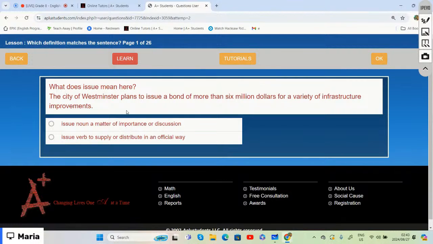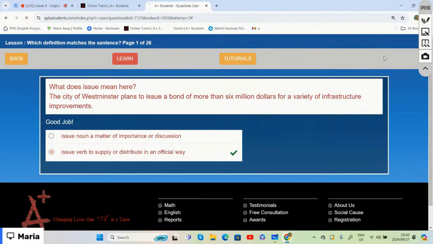Does issue mean, as a noun, a matter of importance or discussion, or to supply or distribute in an official way? And if we were to choose the correct one, we'll go with option two.